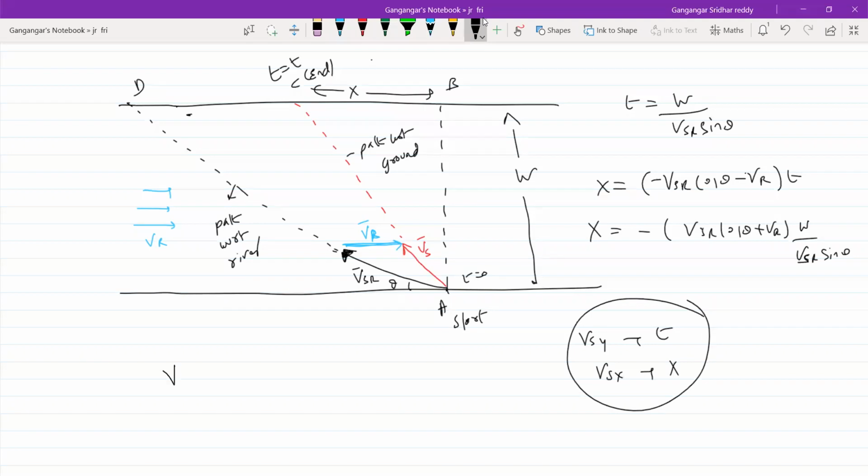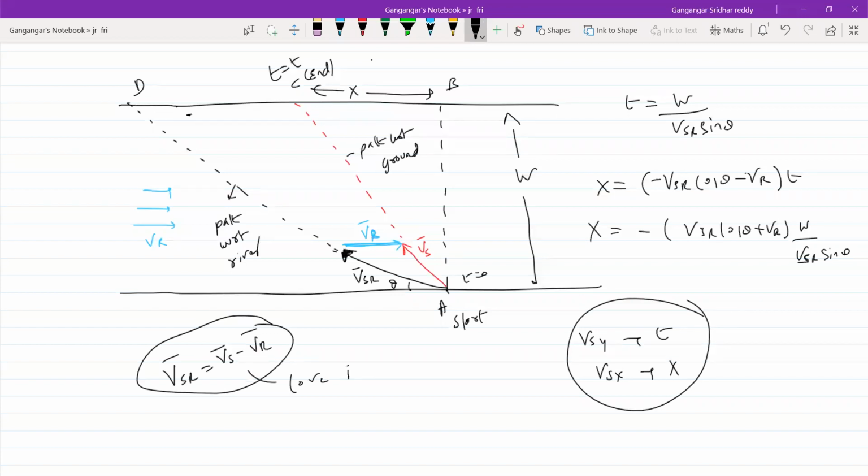And every problem will be like this. VSR bar is equal to VS bar minus VR bar.